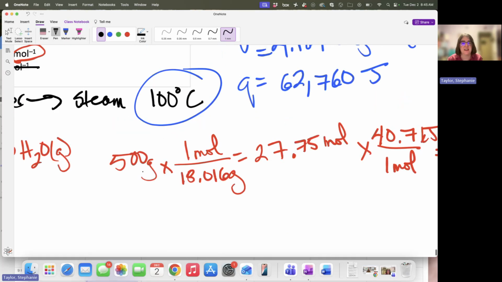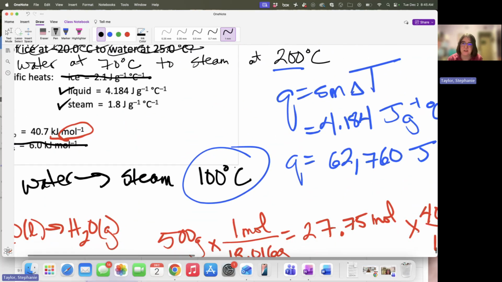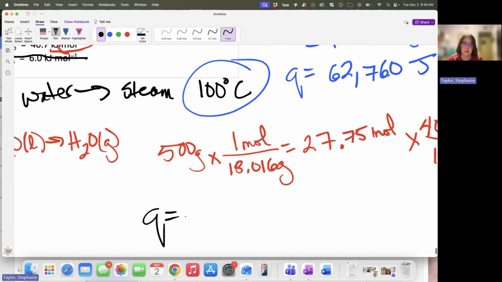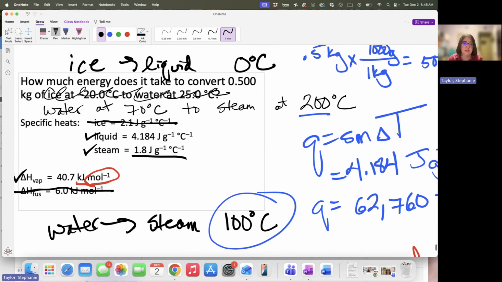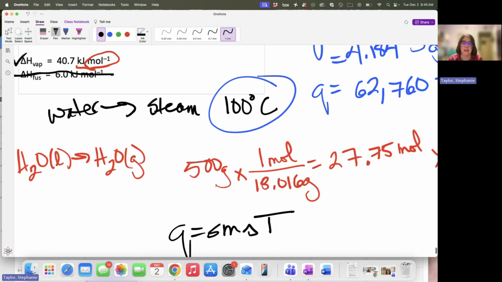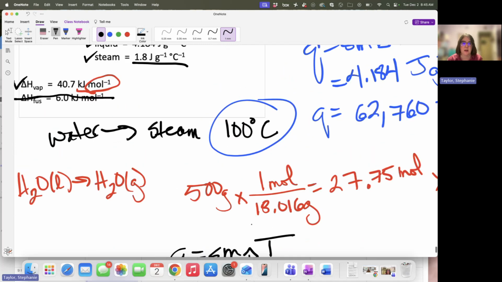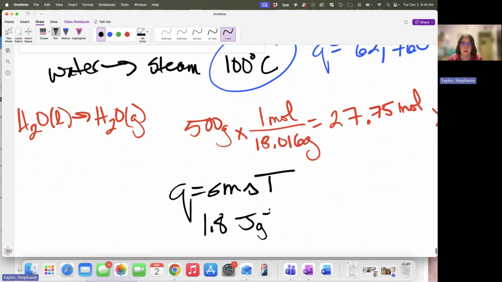So now we need to heat the steam. I left off at 100 degrees Celsius, so I'm back to Q equals s m delta T. But now I have steam, so now I need a different specific heat, 1.8. That is joules per gram per degree Celsius. The mass is still 500. That did not change.